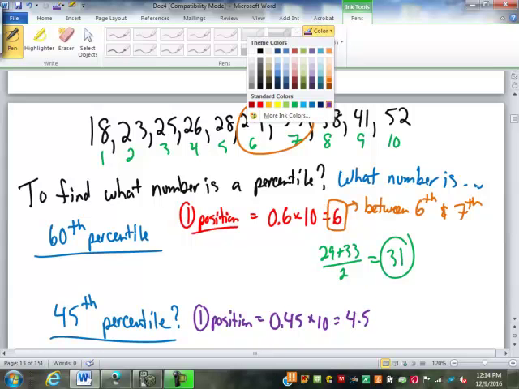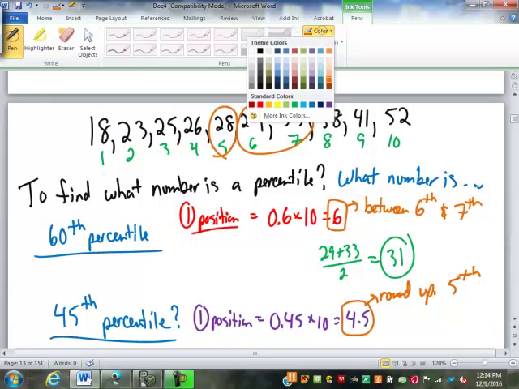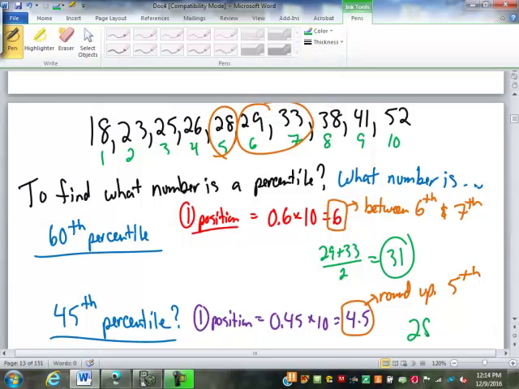When that's a decimal, what do we do? We round up. So it is the 5th position. The 5th position is 28. So 28 is the 45th percentile. Any questions?